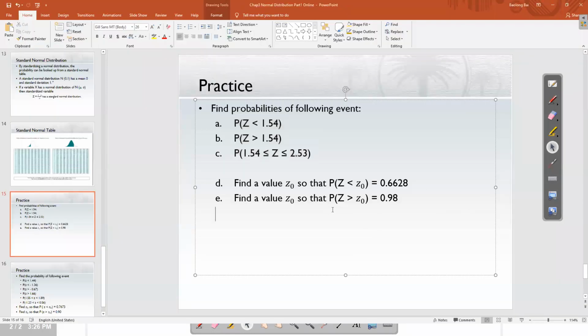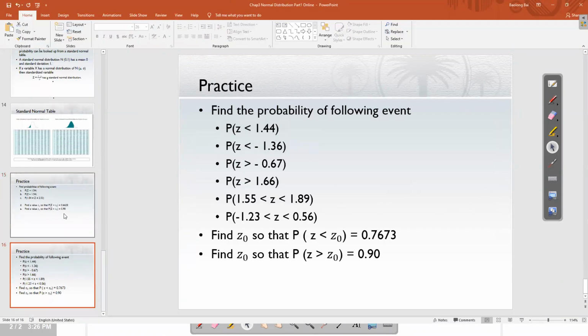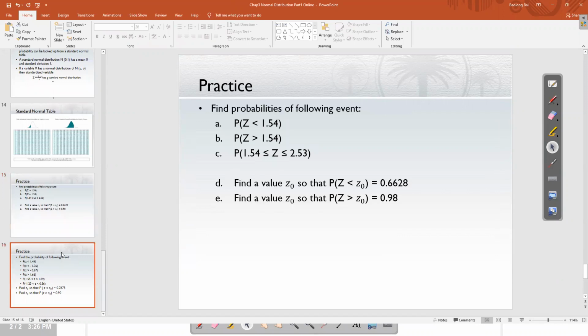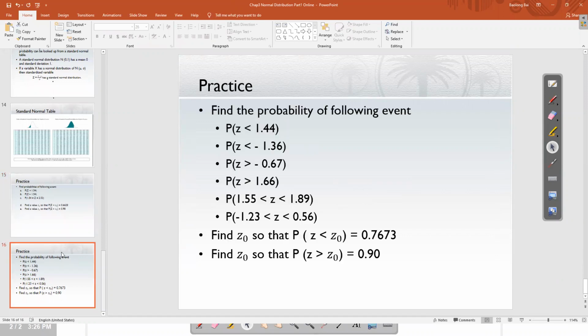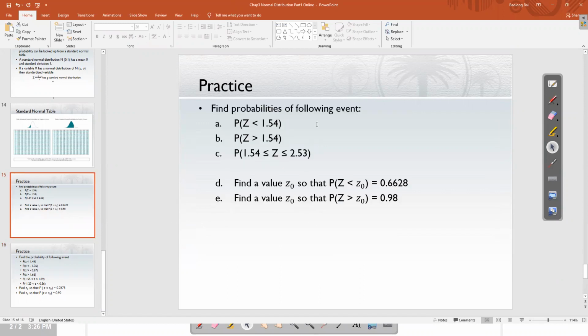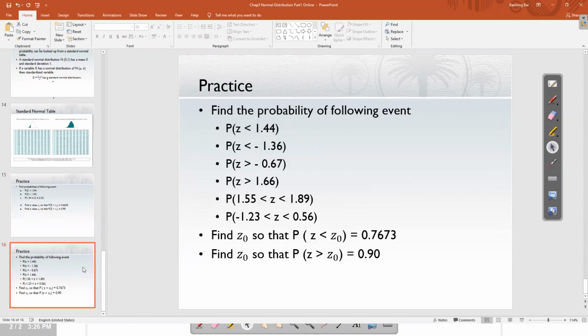So if we know how to use the Z-table, then we're able to find any normal distribution probability. So please practice some probability lookups. Make sure you understand how to use the Z-table to look up probabilities, and we'll go from there, right? I can practice a few questions with you very quickly.